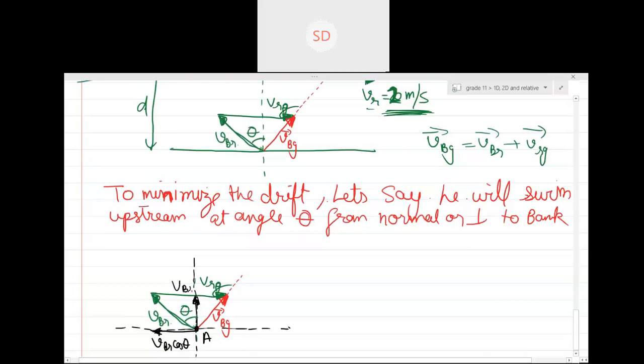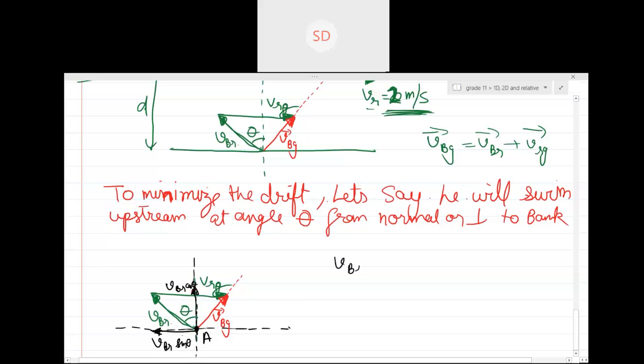Yes or no, guys? Sorry, the other way around. This will be sin theta and this will be cos theta. Can I resolve VBR into this particular thing?